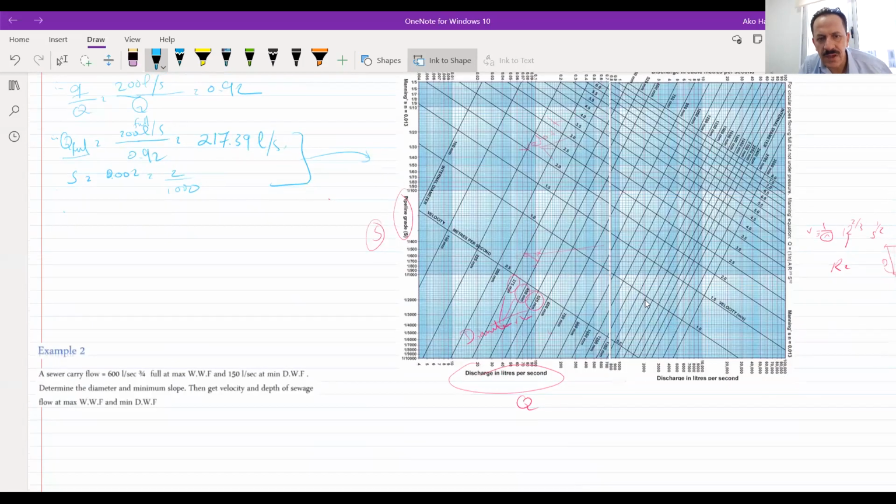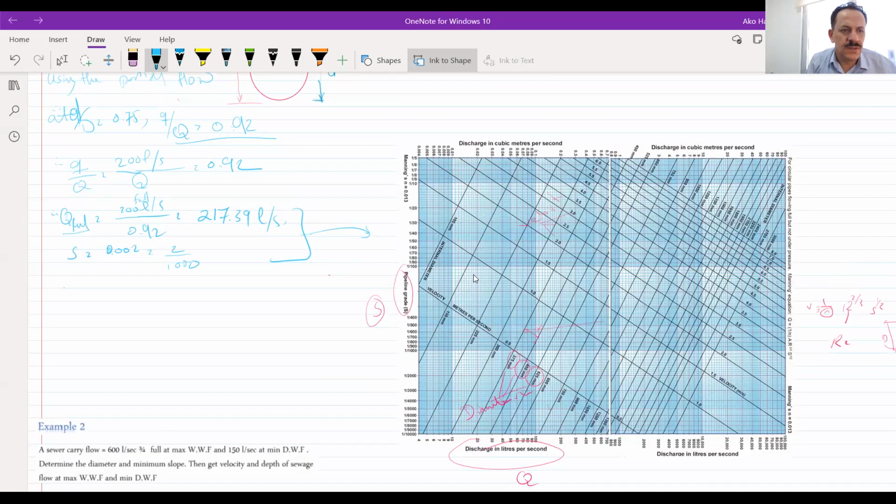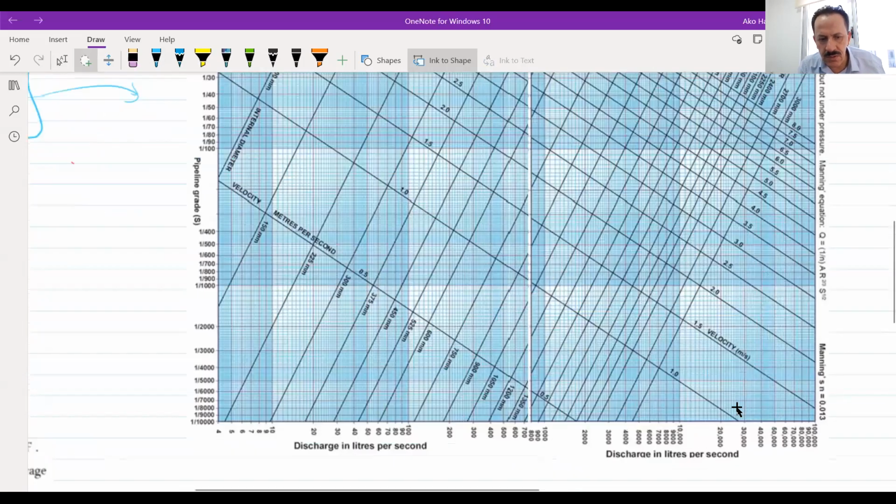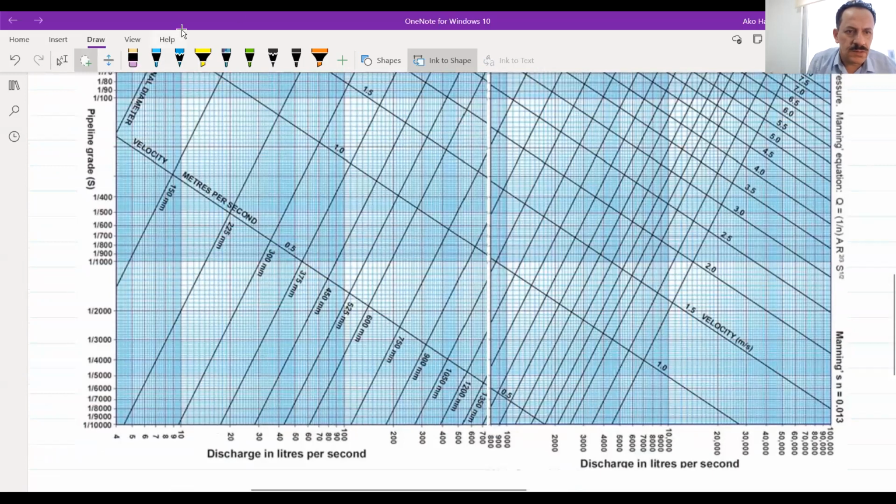Remember that we have 217. Now, where's the 217? Here's the 217.